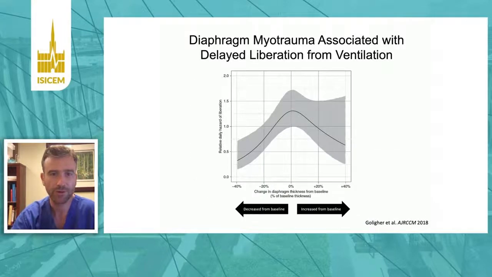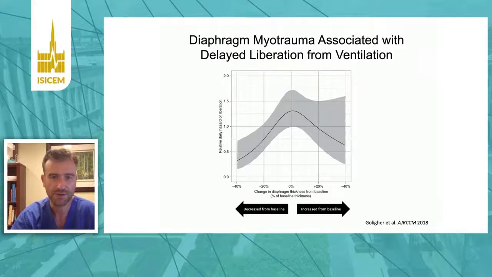Interestingly, both decreases and increases from baseline were associated with a lower probability of being liberated from mechanical ventilation on any given day, suggesting that these changes in thickness represented clinically important deleterious changes in muscle structure.